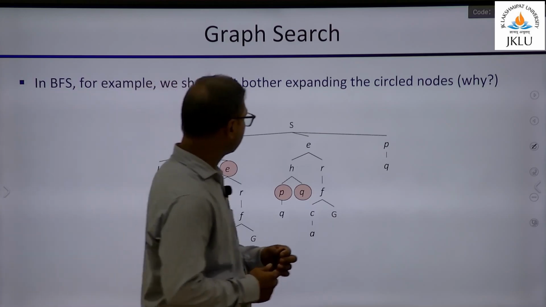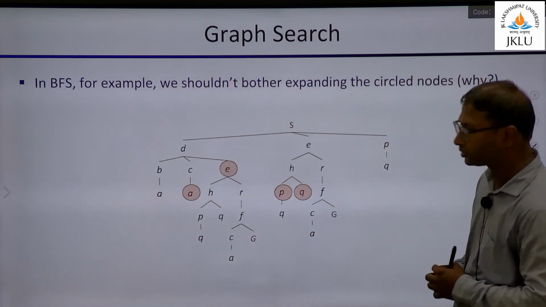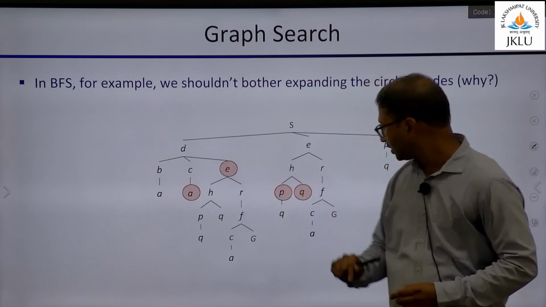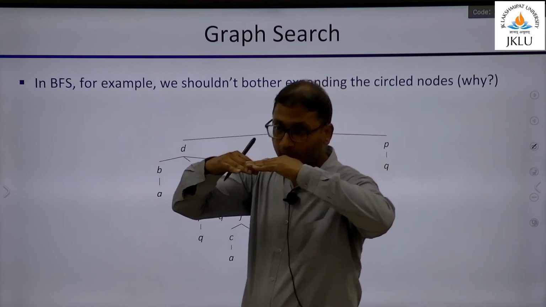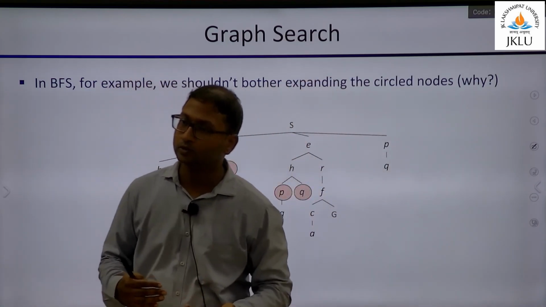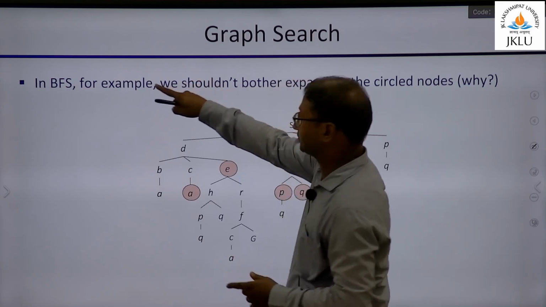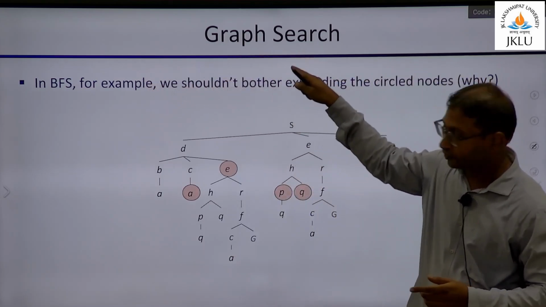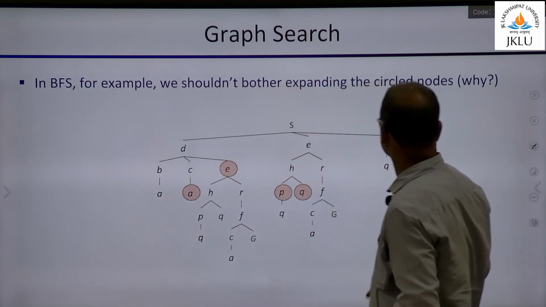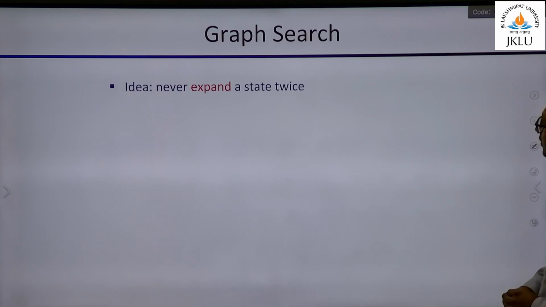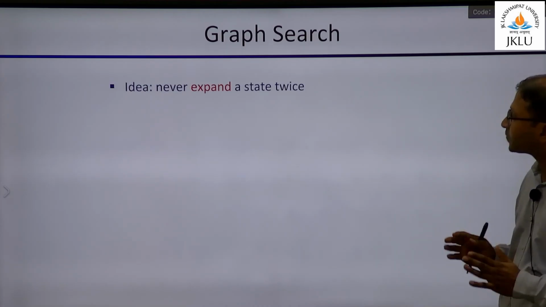You've already done it here. P and Q are already done here. So if you have done something in a level above yourself, you don't need to repeat that for BFS. This is true for BFS and similarly for DFS and other algorithms too. So the idea is to never expand a state twice.